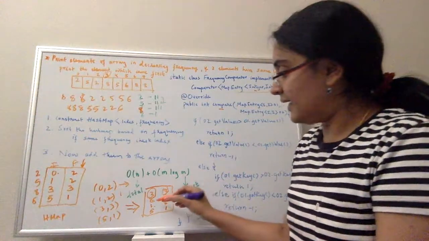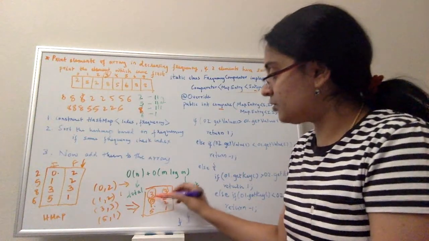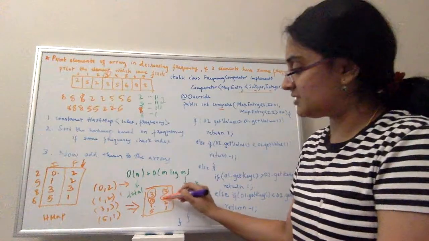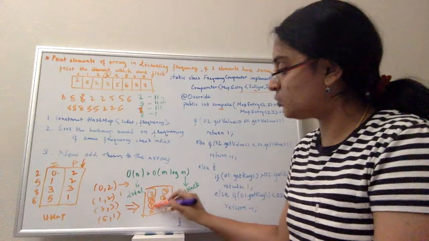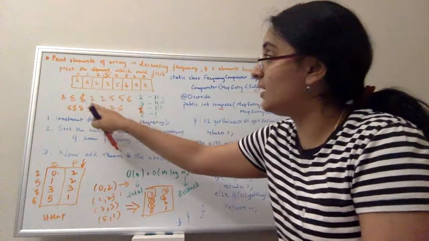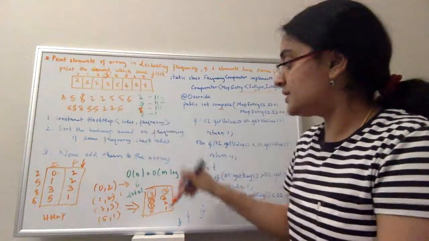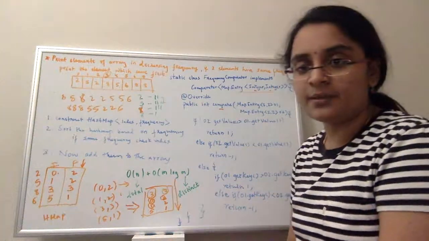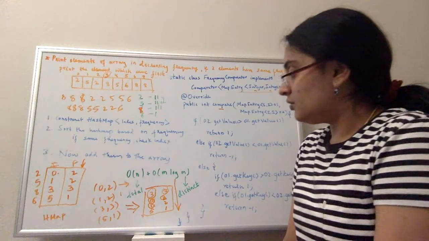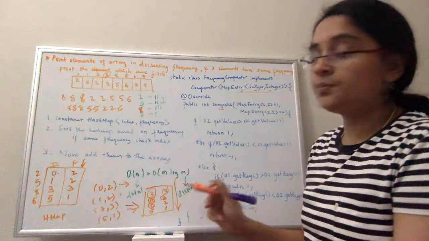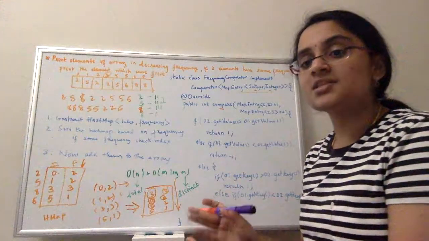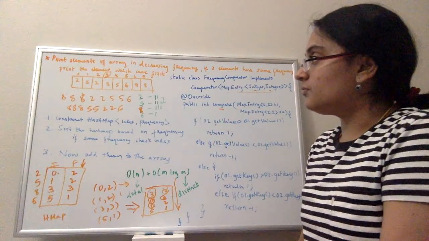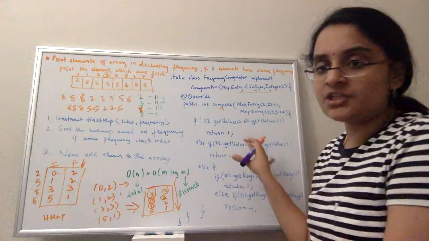Then I'll take index 0 and print the element at index 0 two times, and I'll take index 1 and print the element at index 1 two times. It goes on the same way with the entire hash map. So this is how I preserve the order as well as sort in descending order of frequency.